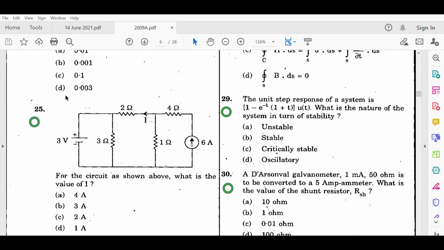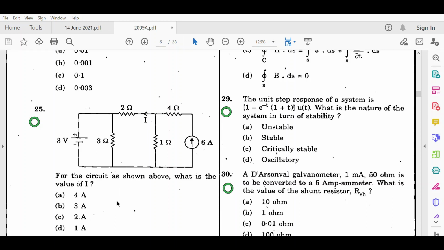Now over here in the 25th question they have given us a circuit and have asked us, for the circuit as shown above, what is the value of I. The current I has been marked in the circuit.